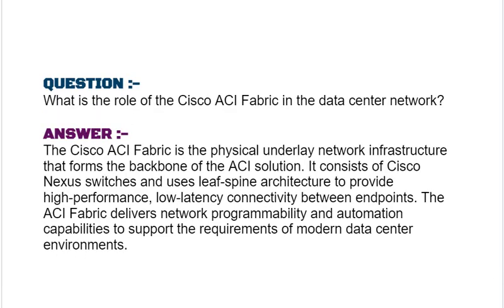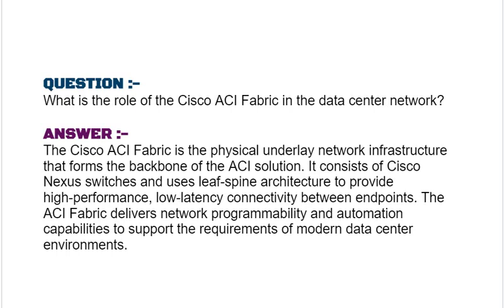Our next interview question is: what is the role of the Cisco ACI fabric in the data center network? Your answer should be Cisco ACI fabric is the physical underlay network infrastructure that forms the backbone of the ACI solution.